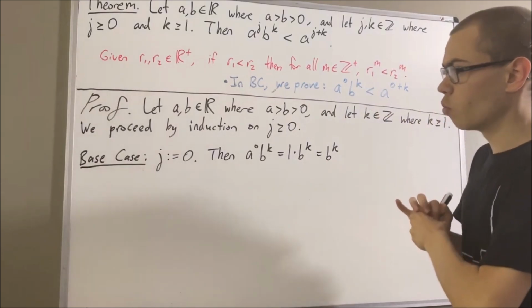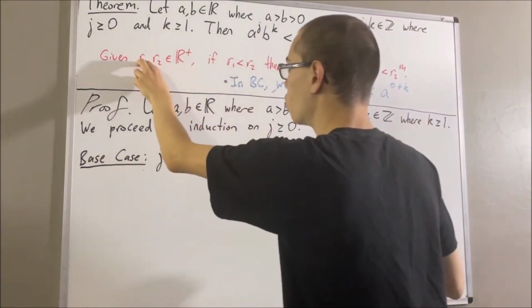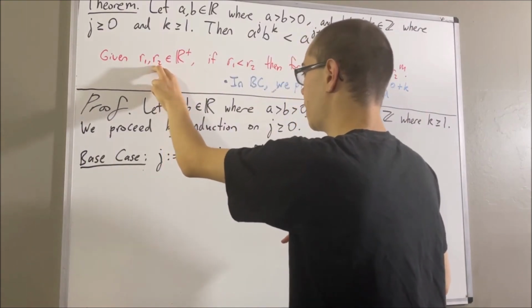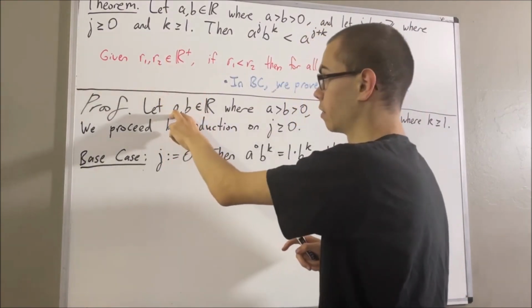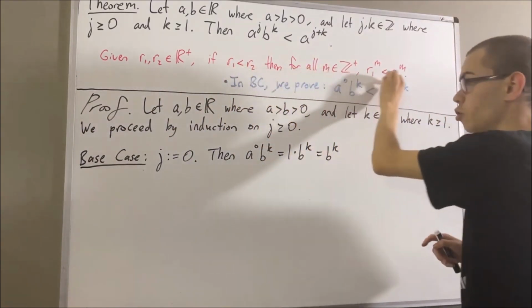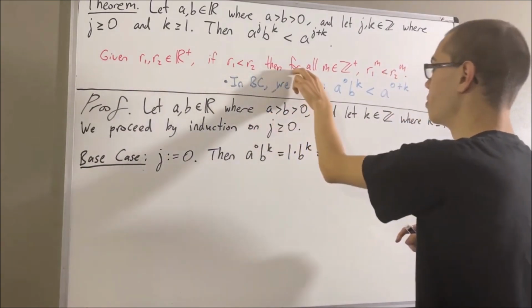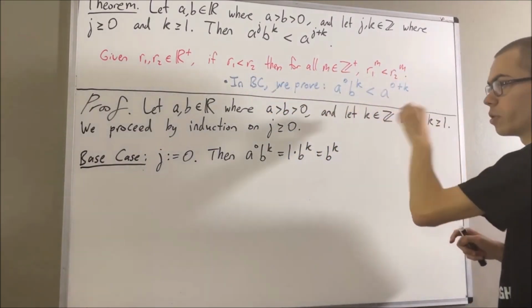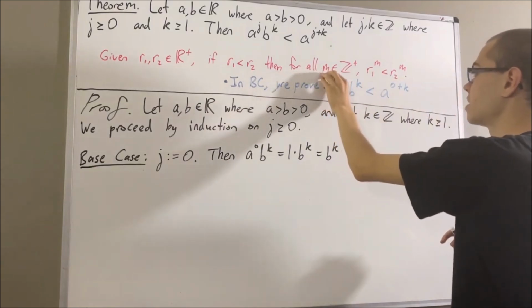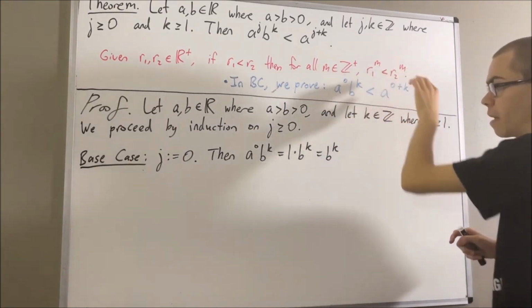But now we can apply this fact, right? Because if we take r1 and r2 to be b and a respectively, we have that if b is less than a, then this is true. Well, b is less than a, so this is true. Which means we have that for all positive integers m, b to the power of m is less than a to the power of m.